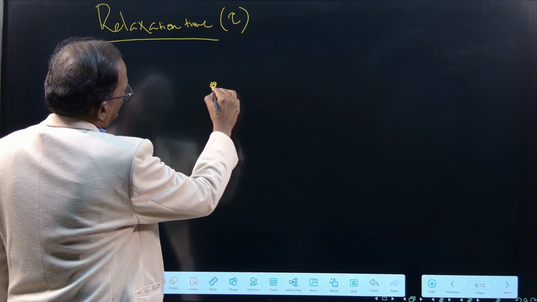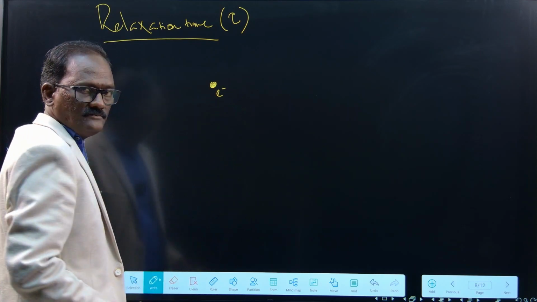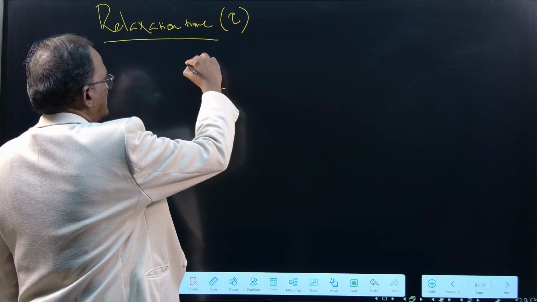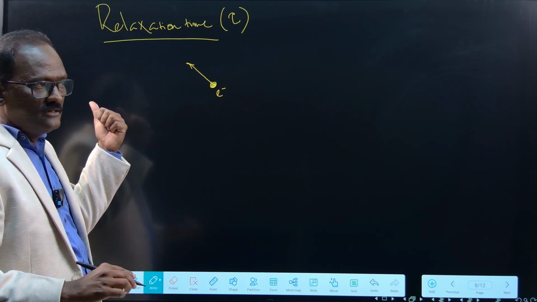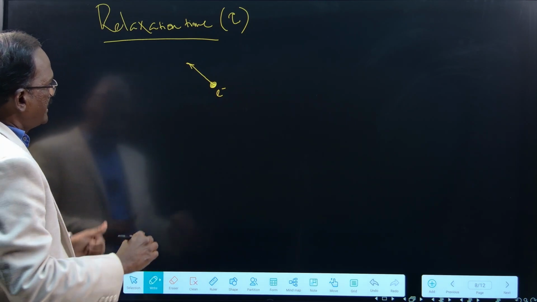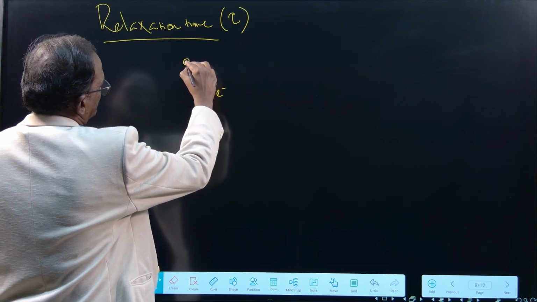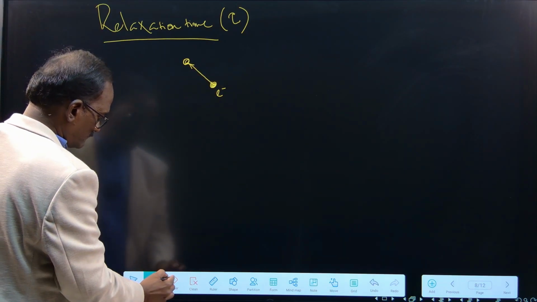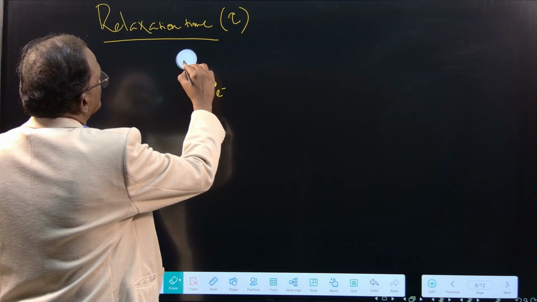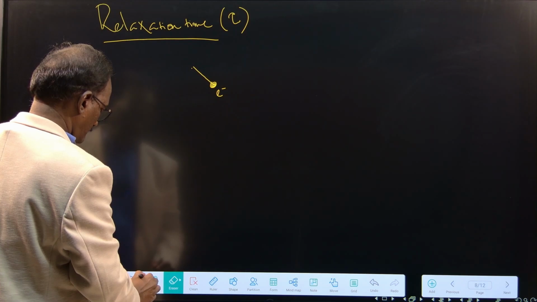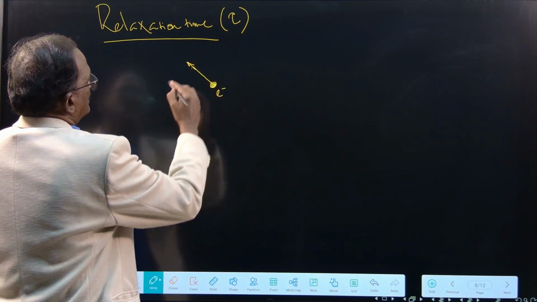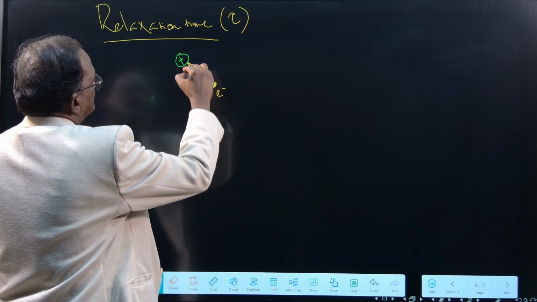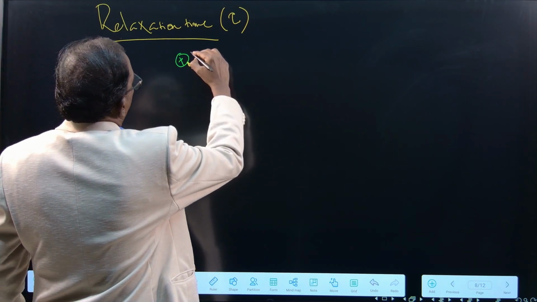One electron is there. It moves in a zigzag direction to reach the positive end of the conductor. This is a positive ion. Collision.